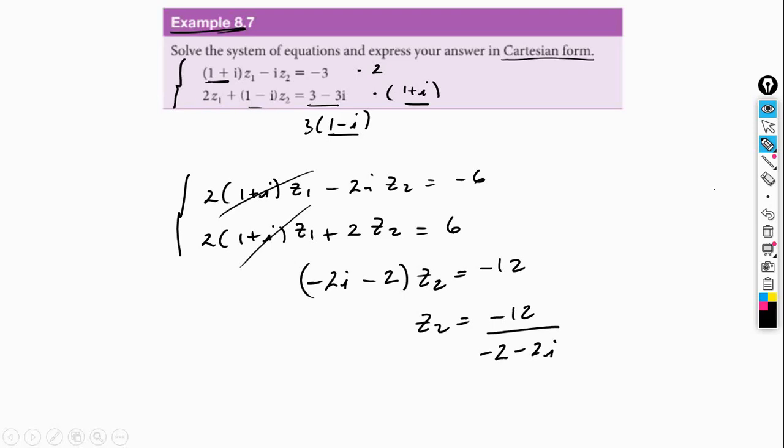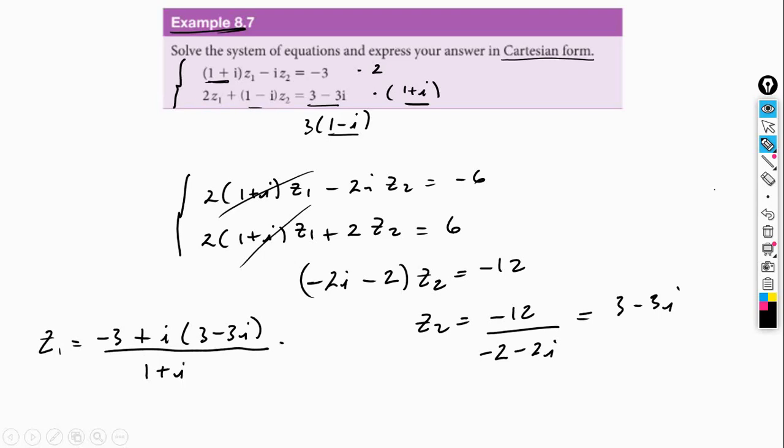And then we can do this separately, right? Multiplying by the conjugate again, and we're going to get 3 minus 3i. So that's going to be z2. So now we can substitute for z2 in the first equation, and notice that we're going to get that z1 is equal to minus 3 plus i times 3 minus 3i, and this over 1 plus i.